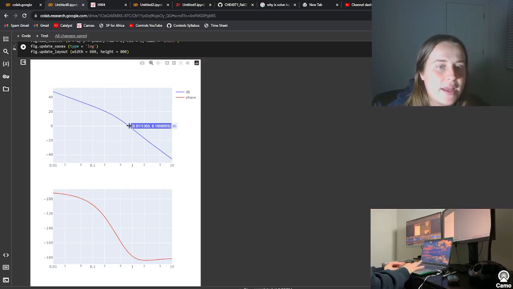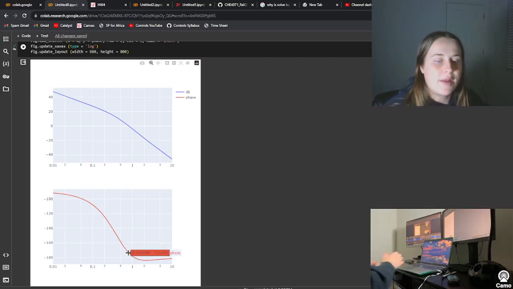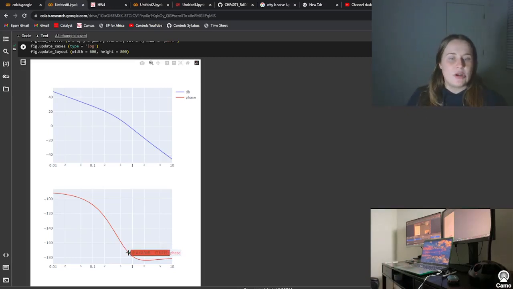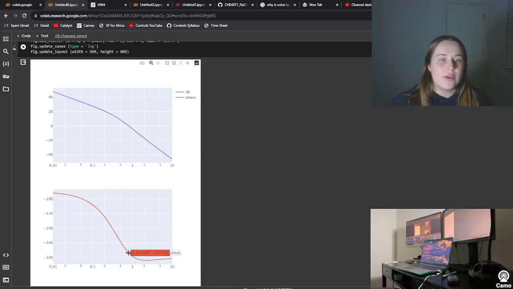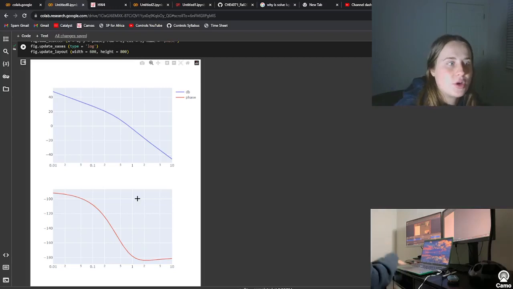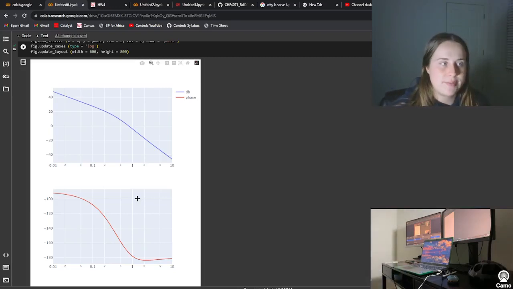So we're at 0.81. I go down here to 0.81, and we're at about negative 173 degrees. So we're about 7 degrees, or if we want to round up, 10 degrees away from being unstable. And that is what crossover frequency and phase margin mean and how it relates to stability.